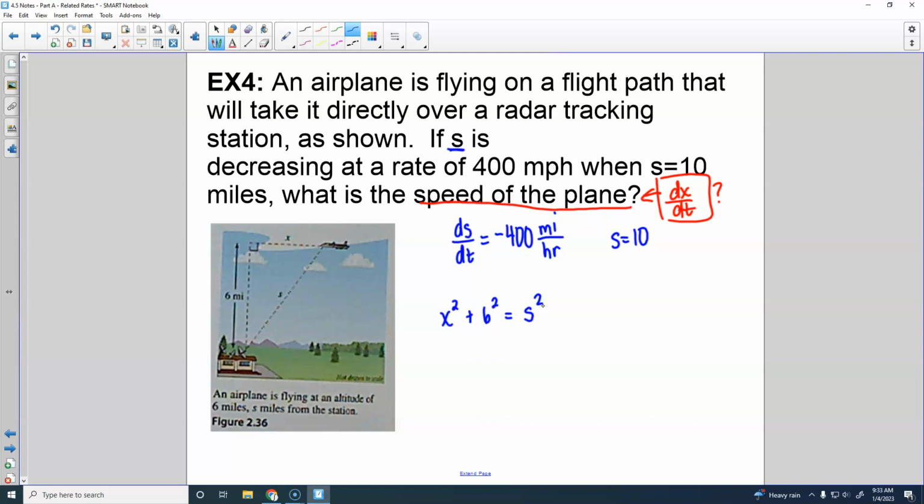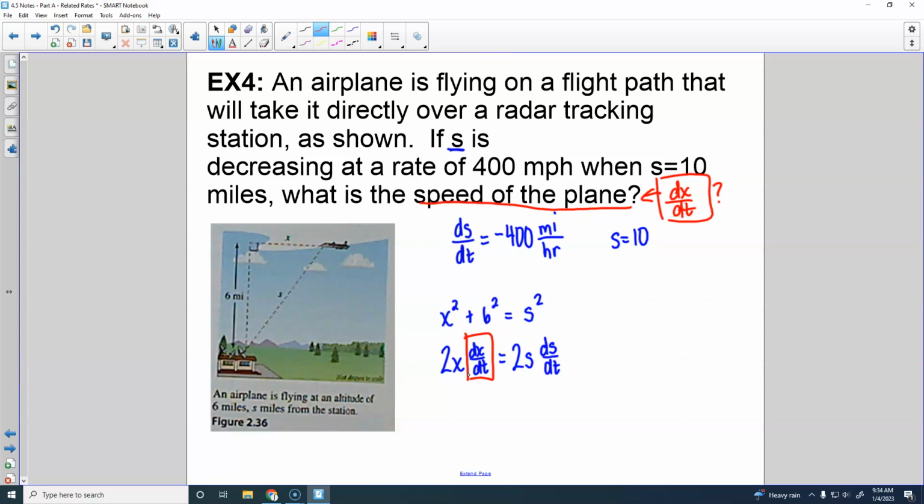We can take the derivative of that, and we will get 2x dx dt. 6 squared is just going to be 0, and then we'll get 2s ds dt. And that dx dt is what we're trying to find.